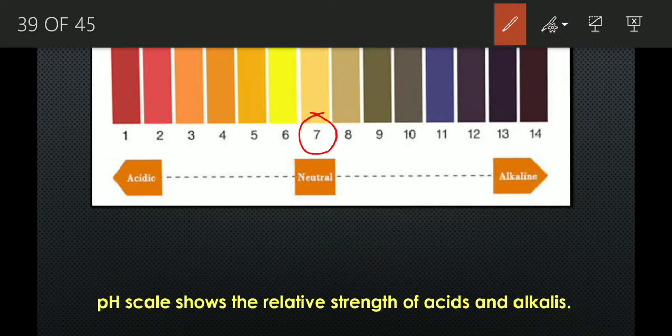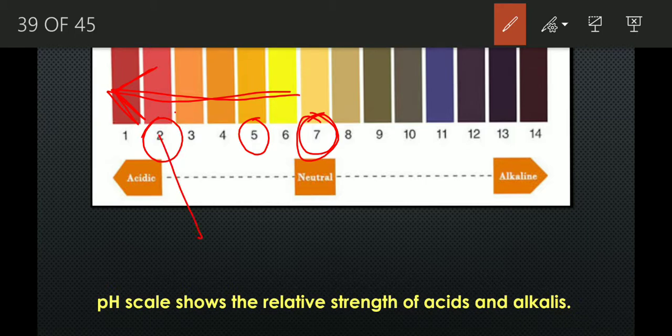But if we move towards the left from 7, there is an increase in acidity. If we take two solutions, one with pH 5 and another with pH 2, the solution with pH 2 is more acidic than the solution with pH 5. So the acidity increases towards the left of 7.